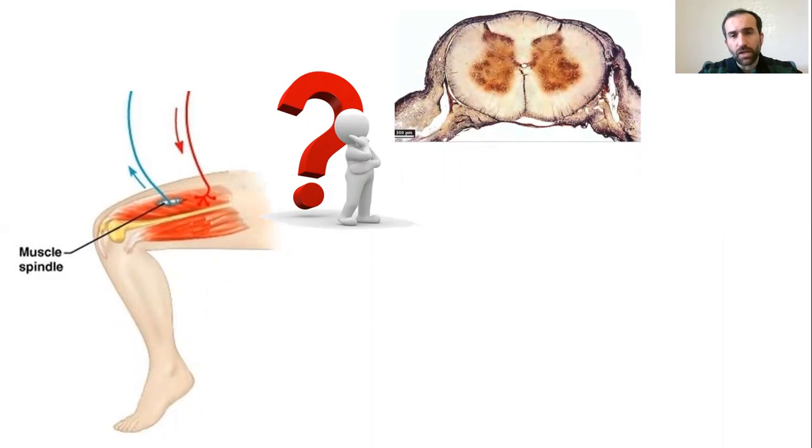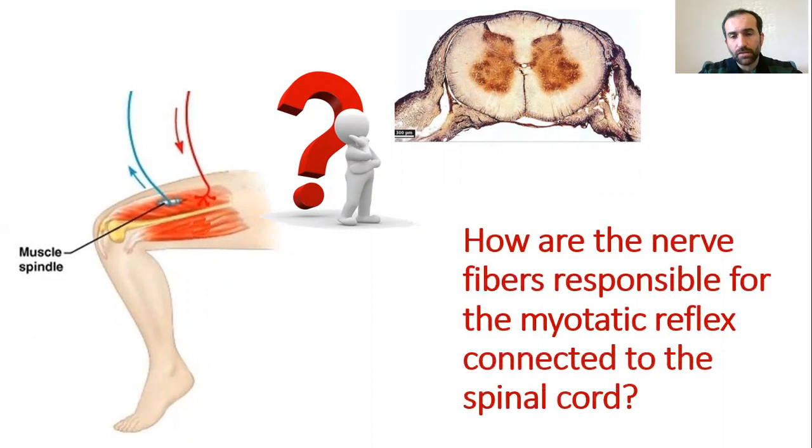But the very important idea here is how they are connected. So we have other elements of this reflex that are responsible for the connection of the muscle to the spinal cord, and that we will study in the next videos.